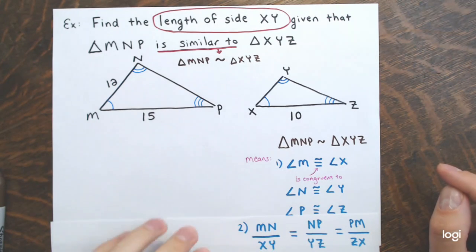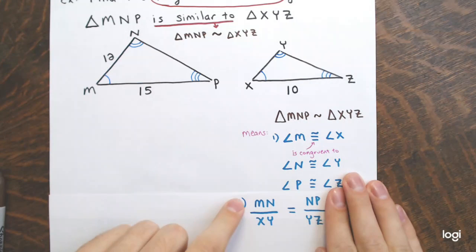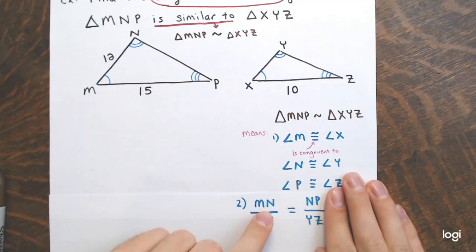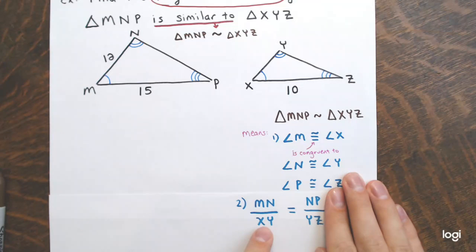So if you look down here, if I were to just set this proportion up, MN to XY equals NP to YZ, I know the length of M to N, 12. The length of XY is what I'm trying to find, and so that's unknown. You could call that a letter or something, so I don't have to keep writing XY, but I'll just write XY.